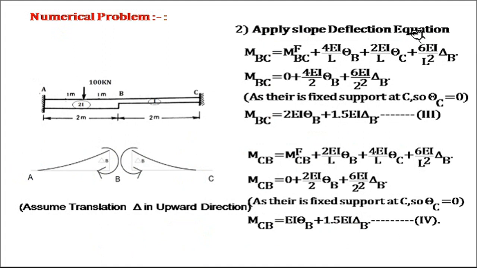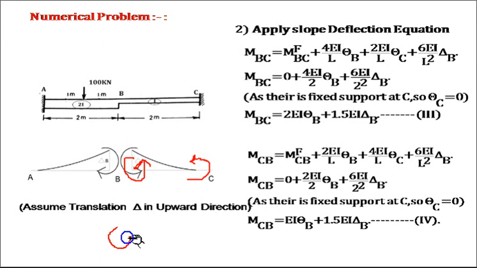Applying the slope and deflection equation for the next member, that is BC. Here for member BC, the value of delta will be in the anti-clockwise direction, and for CB also it will be in the anti-clockwise direction.